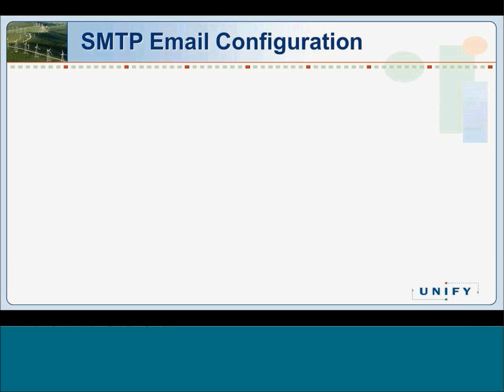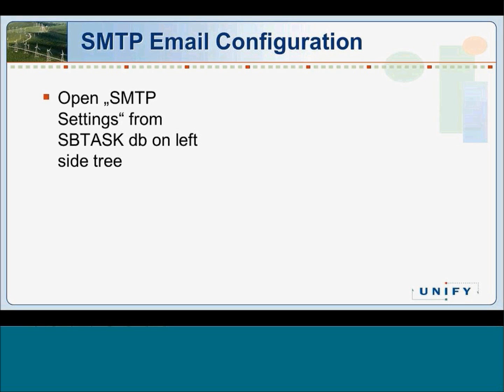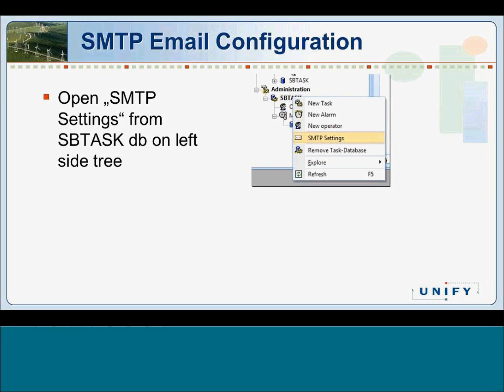And then SQLBase Command Center includes something which is sending emails on errors or sending emails on any action, basically on any task that is being executed. This is SMTP email, and you have to provide some configuration details on that. You open the SMTP settings from the SB task database on the left side tree below the administration tree item. There's a menu item called SMTP settings.